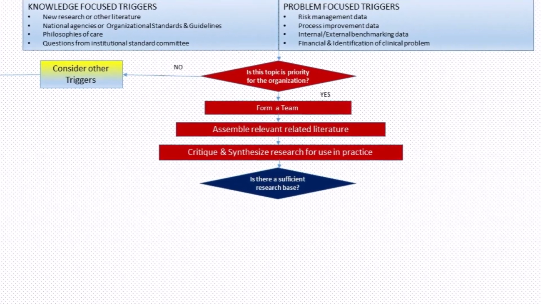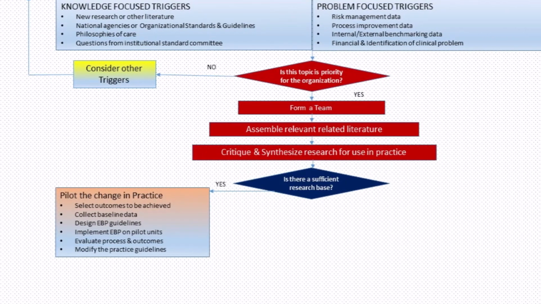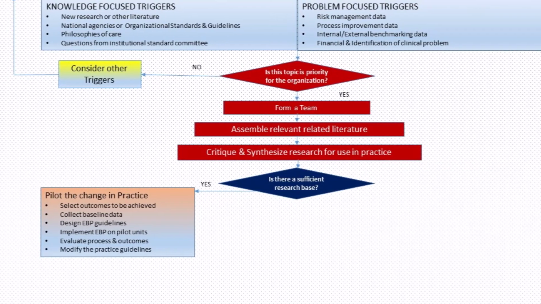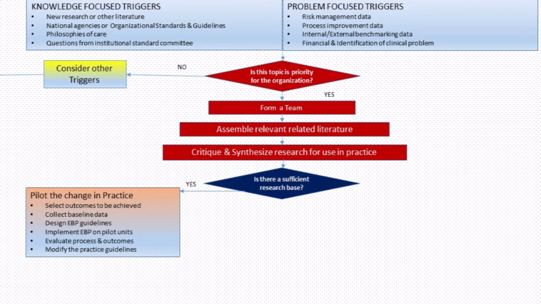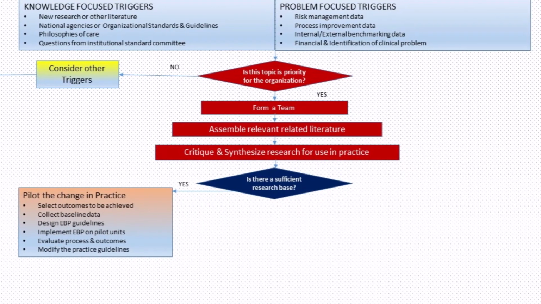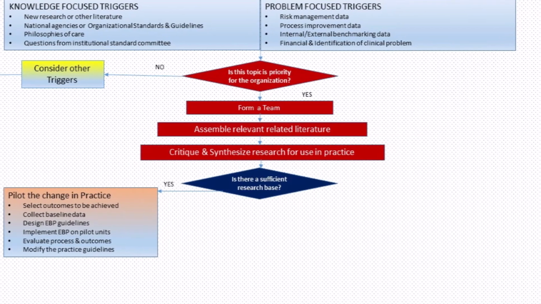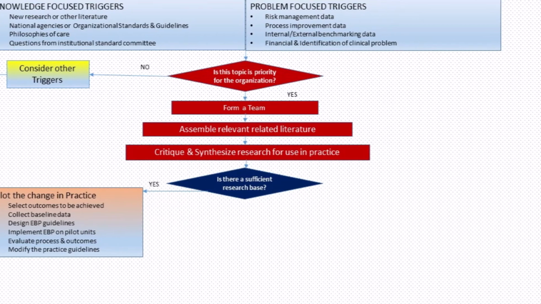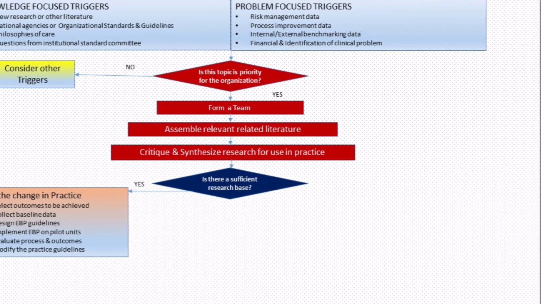If it is sufficient, then take it for a pilot project and apply it on a small sample, that is, pilot the change in practice. This means select outcomes to be achieved, collect baseline data, design evidence-based practice guidelines, implement evidence-based practice on pilot units, evaluate process and outcomes, and modify the practice guidelines.